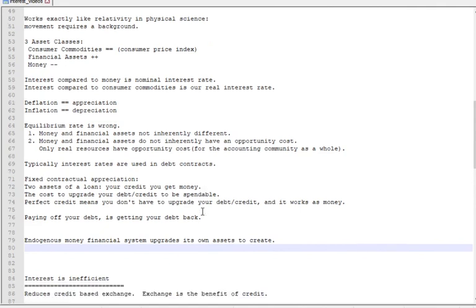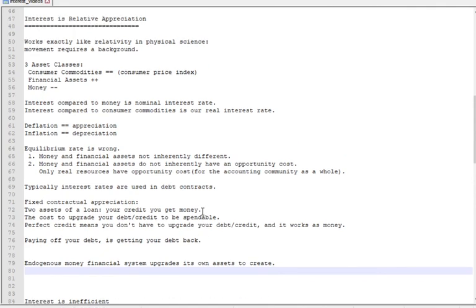So endogenous money is the idea that the financial system creates its own money. And that's all I wanted to cover in this first video. Hopefully that wasn't too confusing with those segues into relativity. The point is, you just have to measure the relative appreciation or depreciation of assets compared to something else. Otherwise, there's no fixed point of reference.